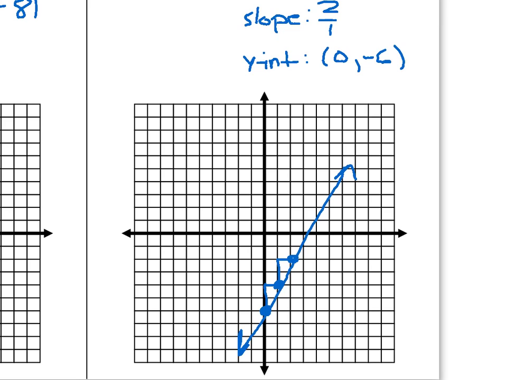Now we need to determine which side of this line we are shading on, so I'm going to plug in a point that is not on the line. I'm going back to good old trusty 0, 0.